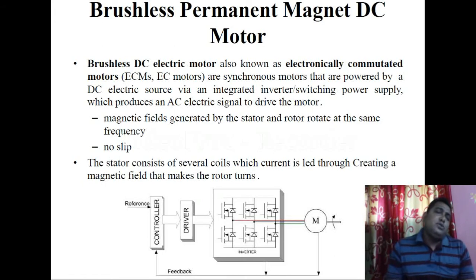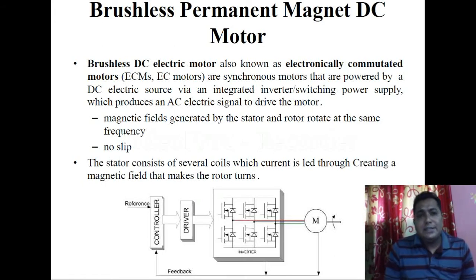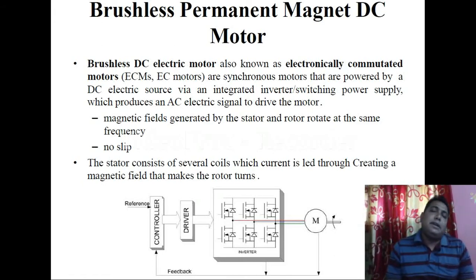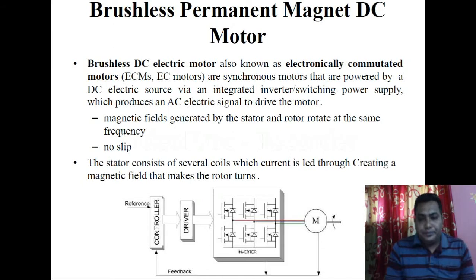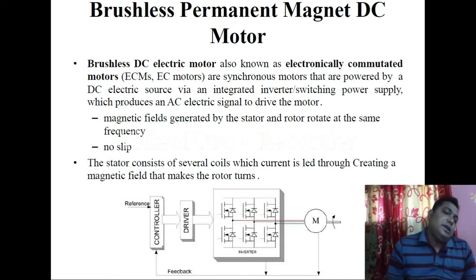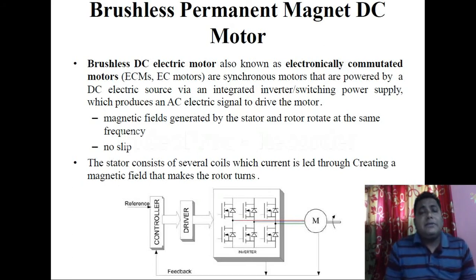Okay, so now some features we have in case of these brushless permanent magnet DC motors. The magnetic fields generated by the stator and rotor rotate at the same frequency, correct? As the rotor is rotating at the synchronous speed, definitely the frequency of the stator and rotor fields must be the same.